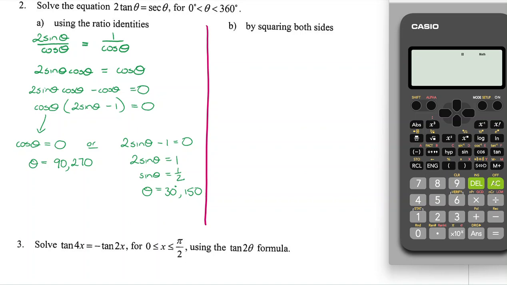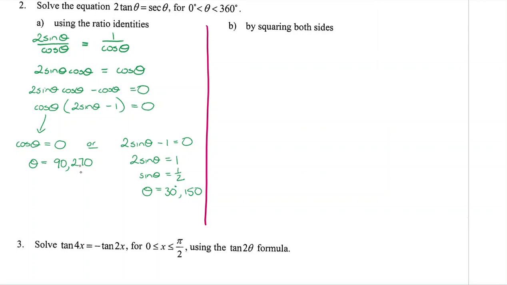At 90. That's right. So even though it came up algebraically as a solution, it doesn't actually exist. What about 270? Same deal. So these two solutions actually don't work if you try to sub them back into your equation.